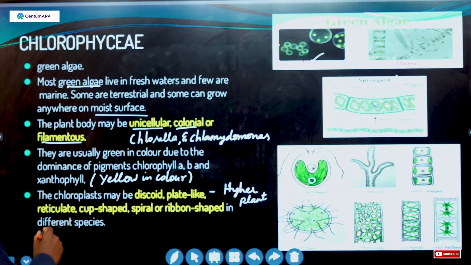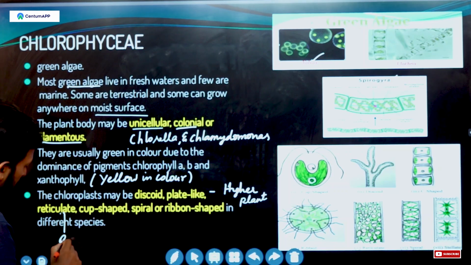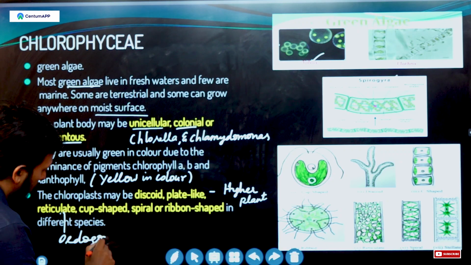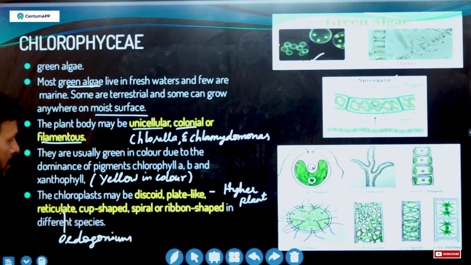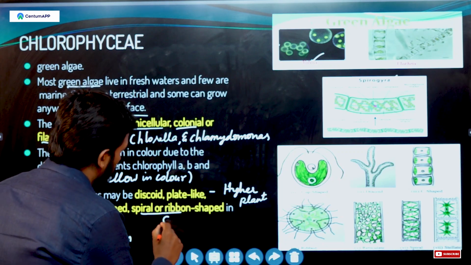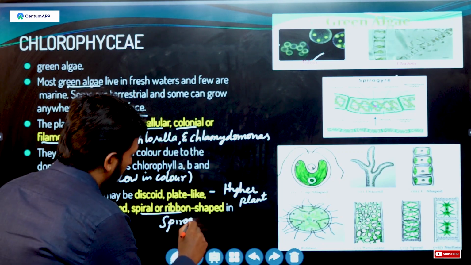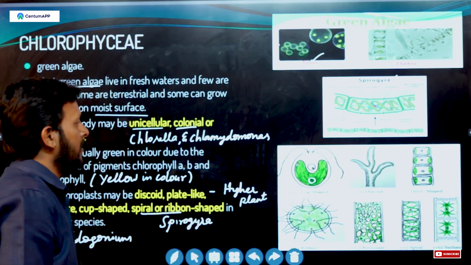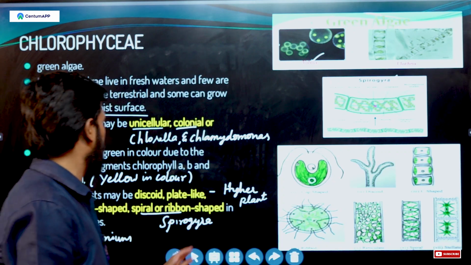Then reticulate, which is found in Oedogonium. Spiral or ribbon-shaped, especially Spirogyra. These are the chloroplast shapes.